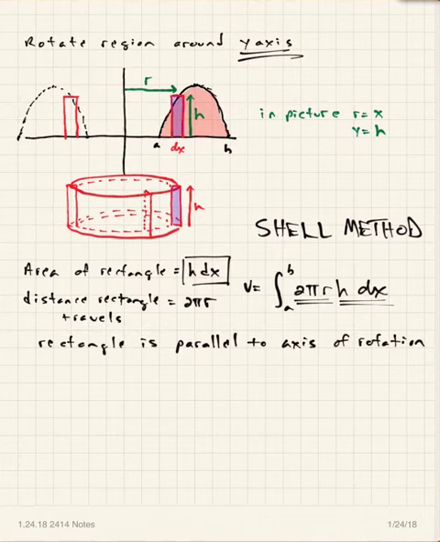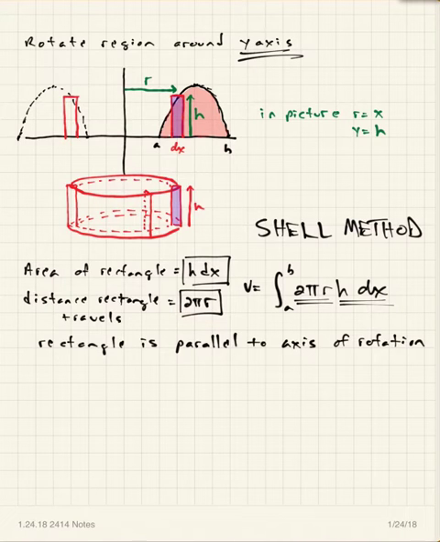All right, and then if you think about the fact that that rectangle is actually rotating around the y-axis, the distance that that rectangle is rotating around the y-axis is the circumference of that circle. And so that'd be 2 pi times the radius. And so the volume of that shell is simply the area of the rectangle multiplied by the distance the rectangle moves around.